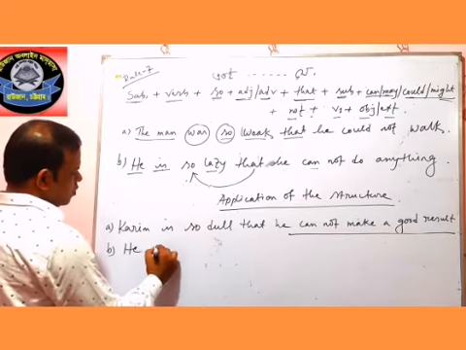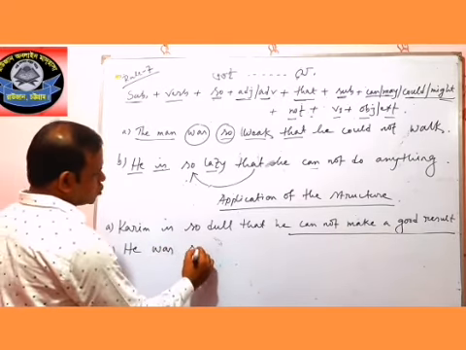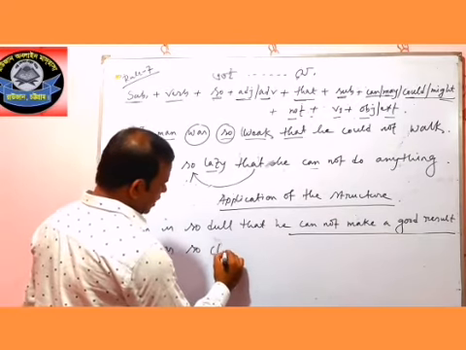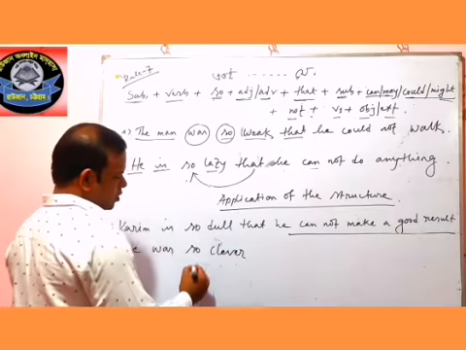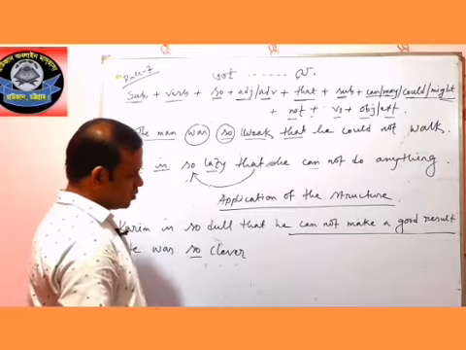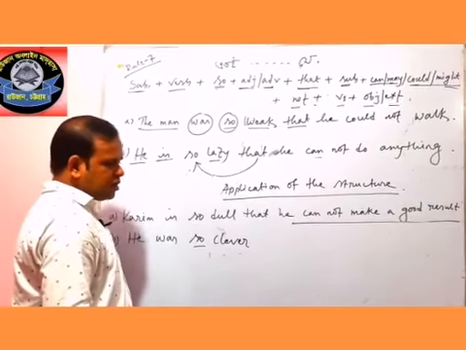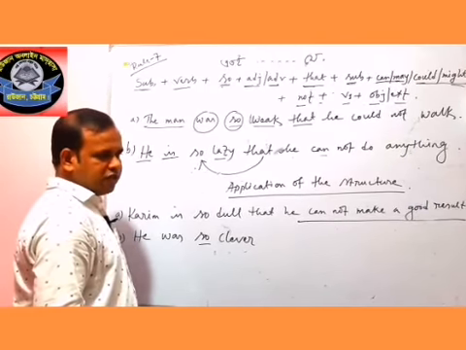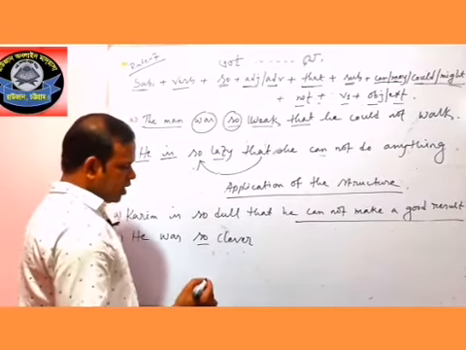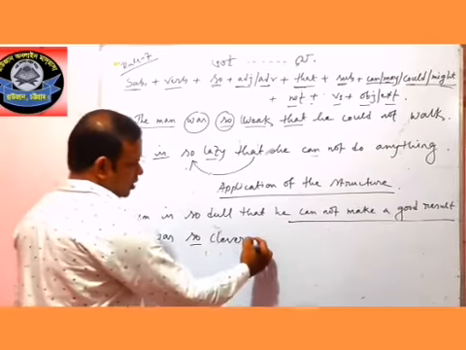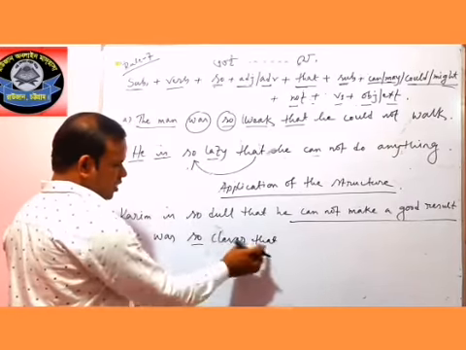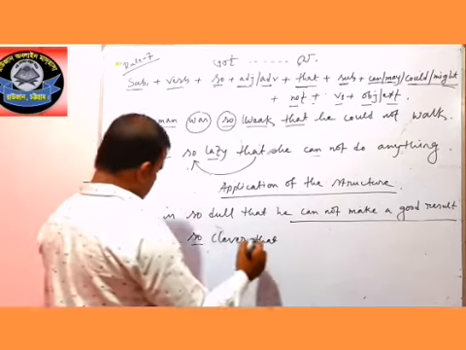He was so clever. So, what will be the next part? Can you guess? Think yourself and check your answer with me. Of course, you have already got it. Here will be that, because so that is followed by so.